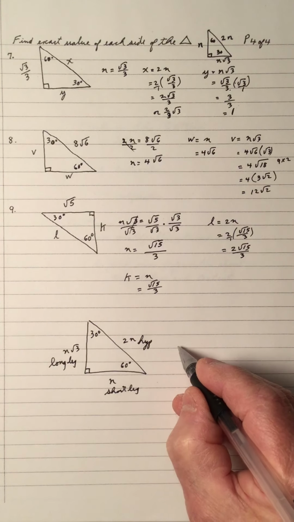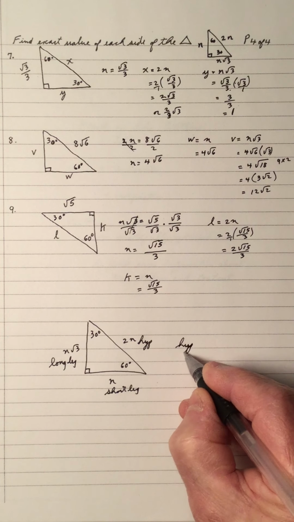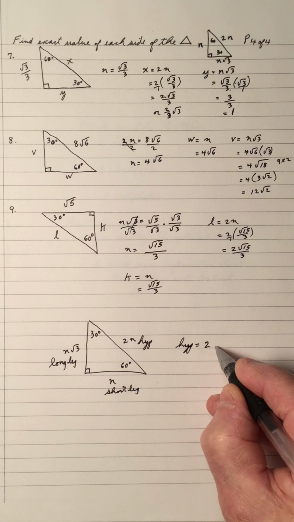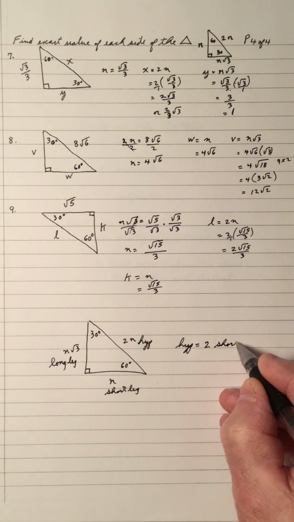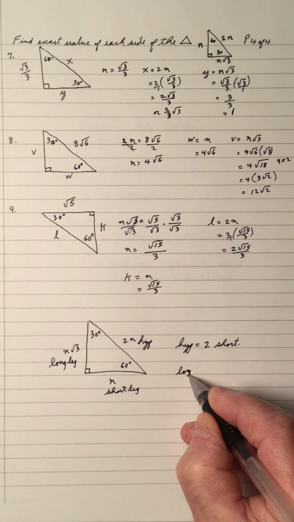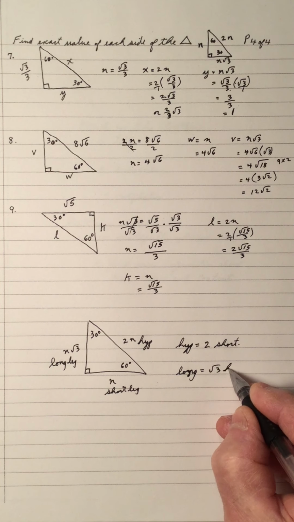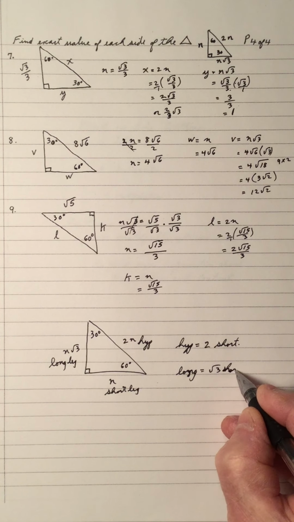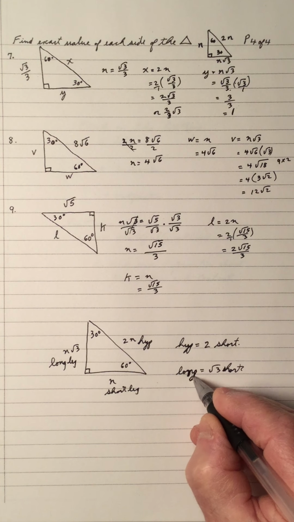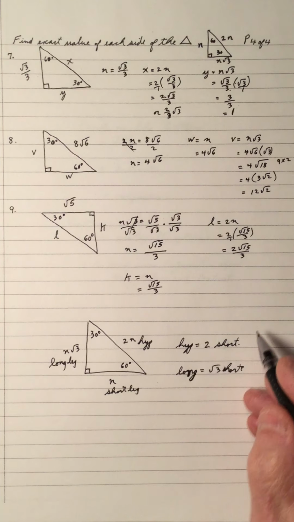So note the hypotenuse. The hypotenuse is 2 times the short leg, and the long leg is root 3 times the short leg. Some people write these statements down.